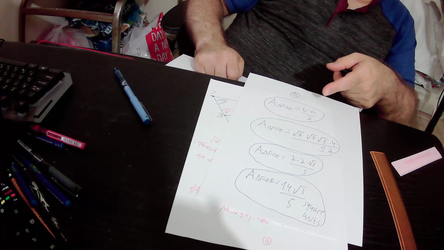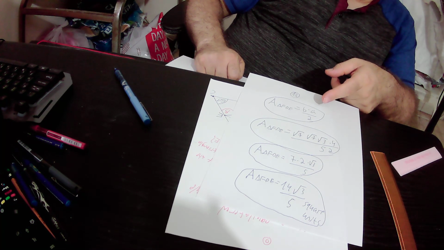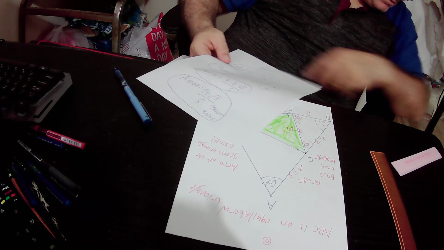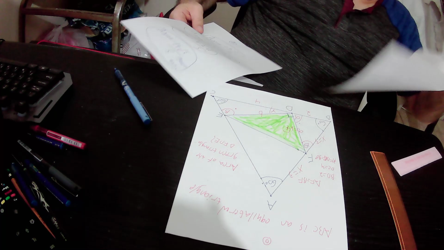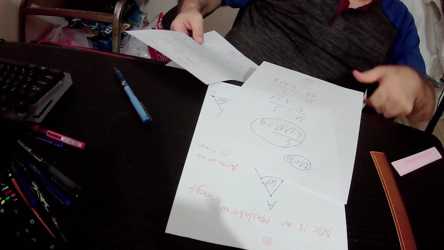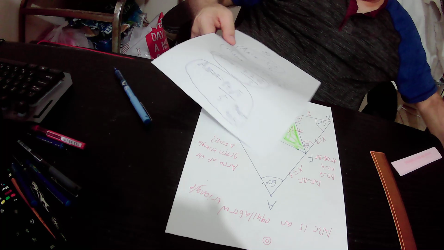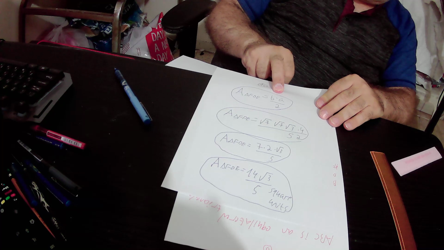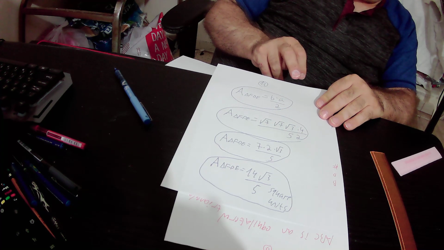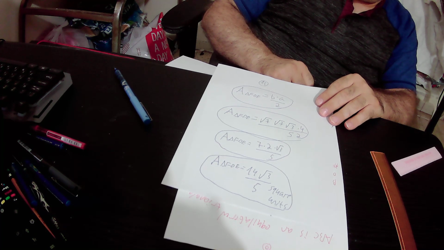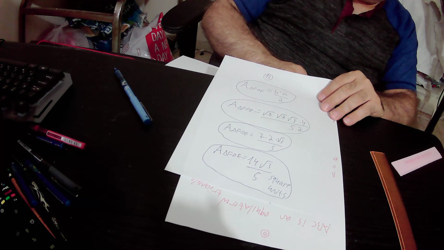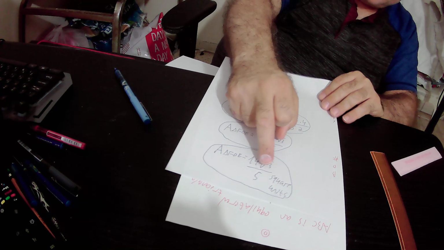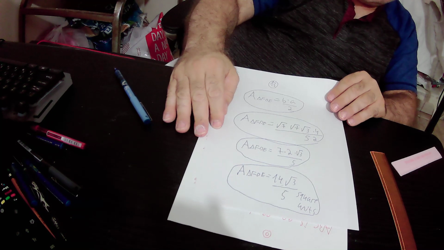Okay, but we know that A equals root 7 units and B equals this expression. So we substituted A by root 7 and B by the expression that we found, and we got that the area of the green right triangle FDE equals 14 times root 3 over 5 square units.